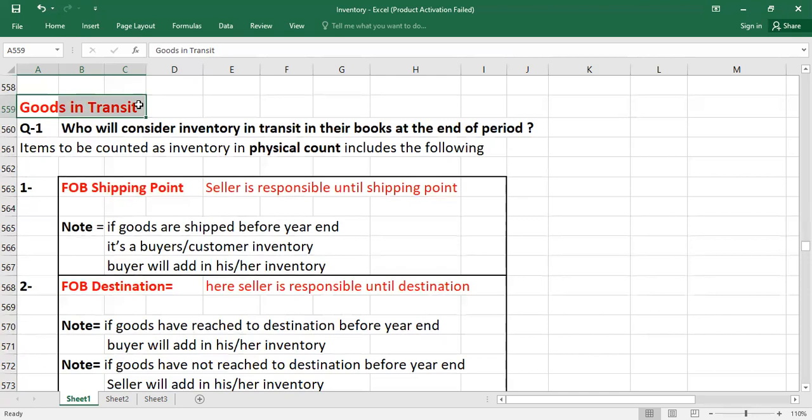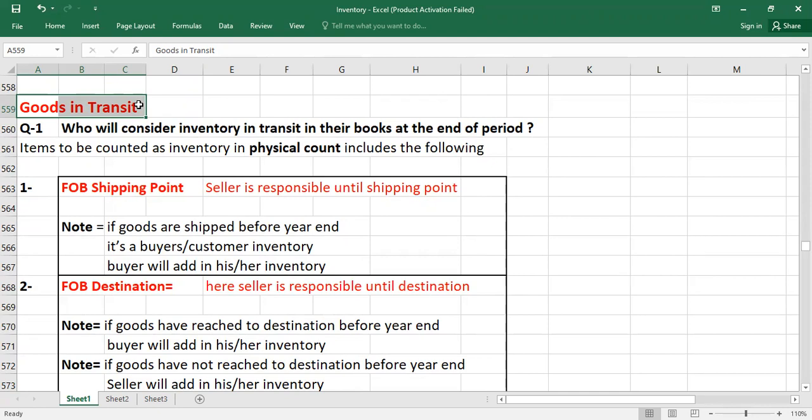I mean to say, it's in transit. These goods are not with the seller, and these goods are not with the buyer either. So now the goods are in transit, okay, maybe at the shipping dock. So now the question is: who will include this inventory in the physical count?